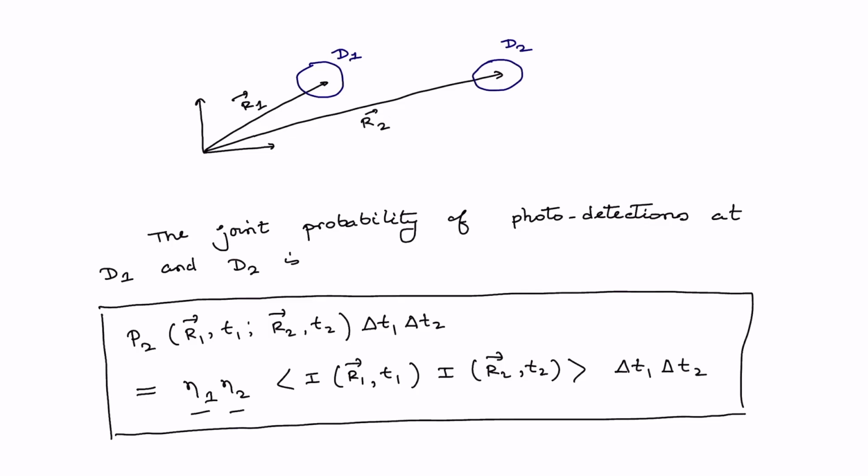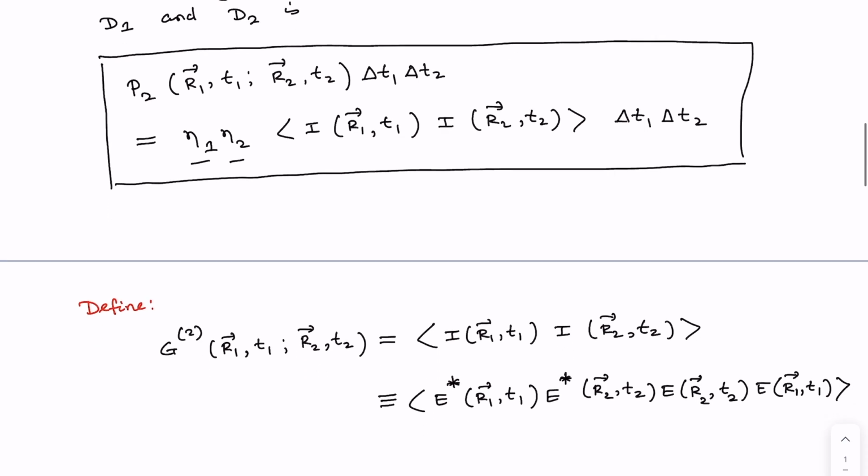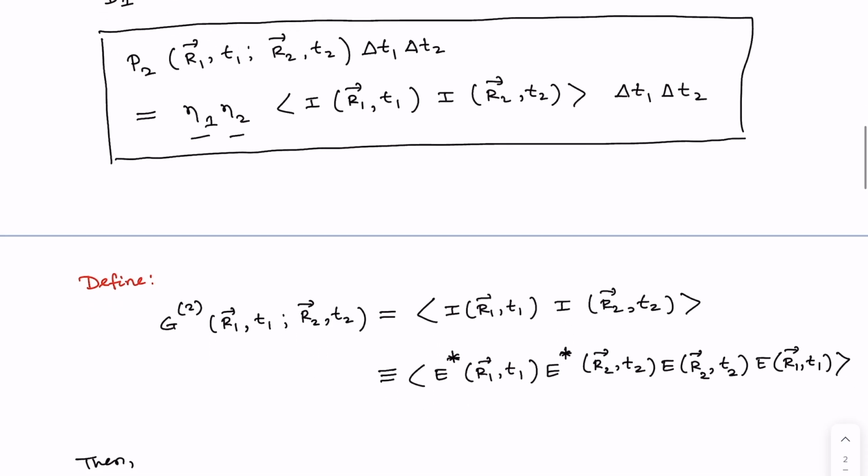Then we defined the so-called second order correlation function g2. This is the classical second order correlation function, which is basically the average of the product of the intensities measured at the detectors at r1 and r2, and in terms of the corresponding electric fields, this second order correlation function can be written in this particular form.